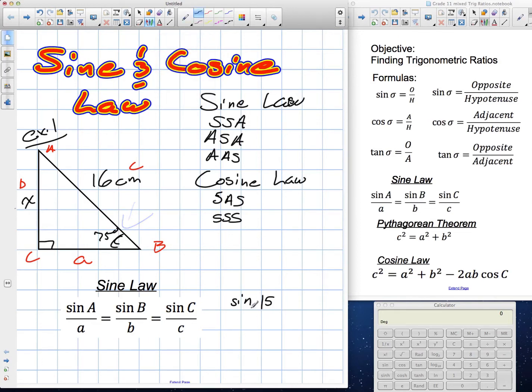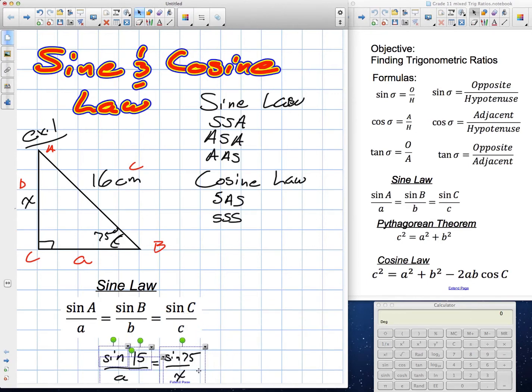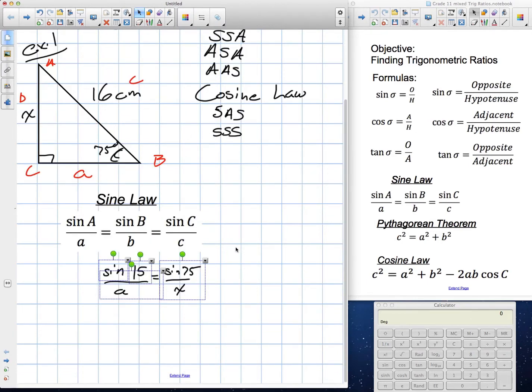Okay. So we have sine 15 over side A. Sine B, which is 75, over x is what we're trying to find. I'm just going to move this over. Okay, and then finally, we have sine 90 degrees divided by 16.